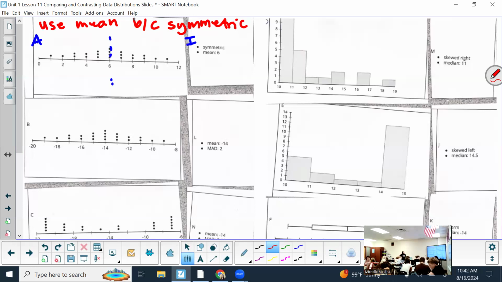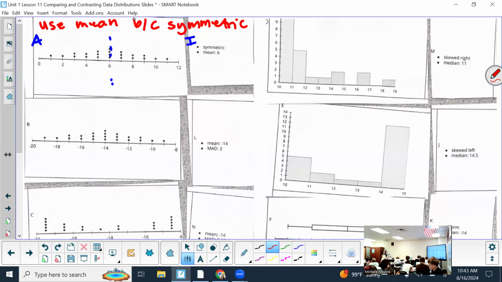Now for measures of spread, do you think I should use IQR, standard deviation, or MAD? Which one most closely goes with the mean? Do I need the mean to find IQR? No, for IQR, I need Q3 and Q1, right?